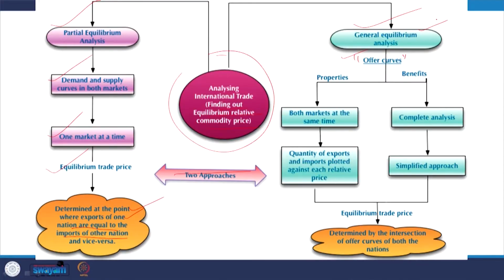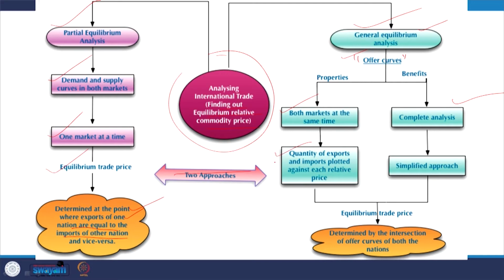Now, we will address its properties, what the offer curve is, and how it is useful especially for general equilibrium analysis, where we are addressing both markets at the same time, whereas in the partial we address a single market at a time. The benefit is that it is a complete analysis, but a bit hypothetical, largely hypothetical unless it is getting tested. And testing requires advanced software, we will discuss it.